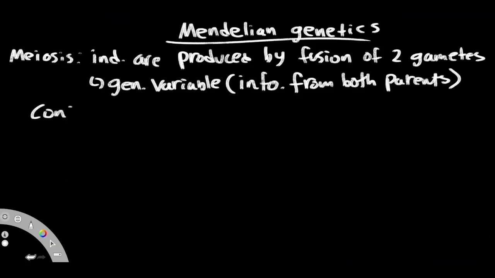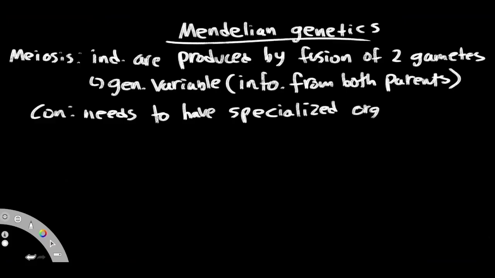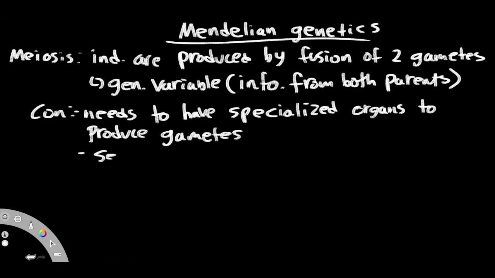All right, so what are some disadvantages? Okay, so what are some cons here? There need to be specialized organs to produce these gametes, all right, these sex cells. And sexual selection practices can drive attention.